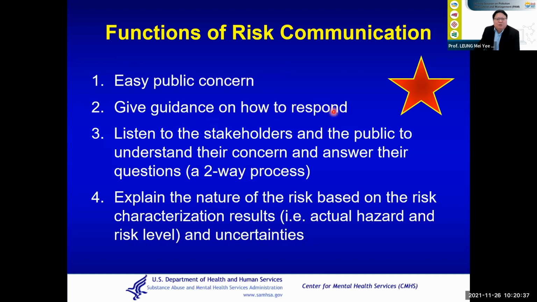Guide them how to respond, how to minimize risk exposure, and listen to them, understand their concern and address it. Finally, we also explain the science and the nature of the risk assessment and the risk itself. And we clearly tell people that there is some uncertainty in the analysis. We will gather more information and update the people from time to time.